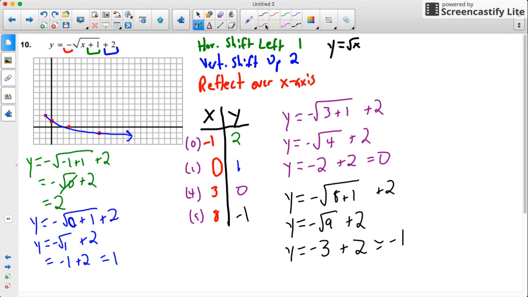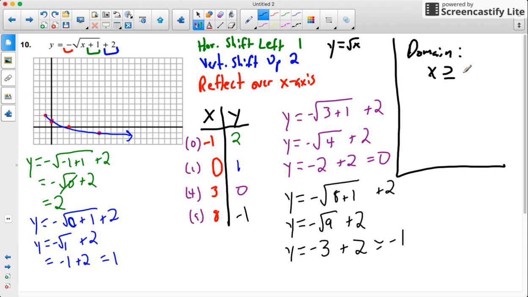Last thing I want to do here, though, before we finish is let's state the domain and range for this guy here. So the domain is going to be all of my possible x values, and my x values look like they go for everything from this -1 onward. I have no x values to the left of this. So x is going to be greater than or equal to -1. And finally, my range, that's going to be all of my y values.